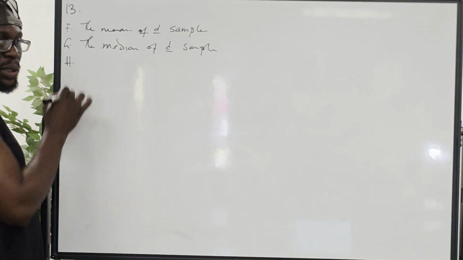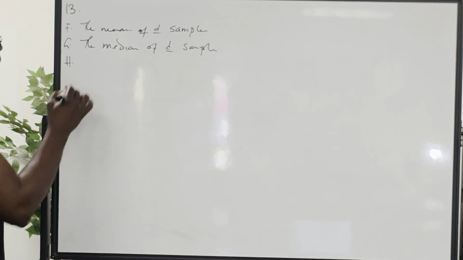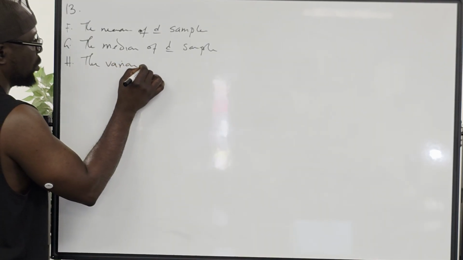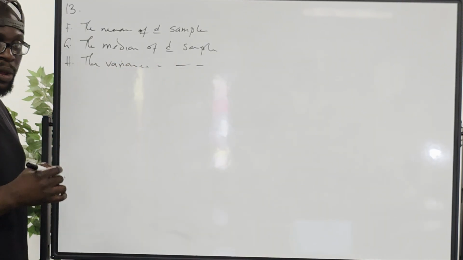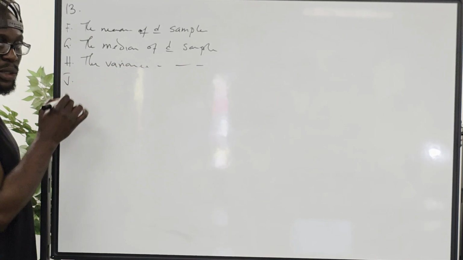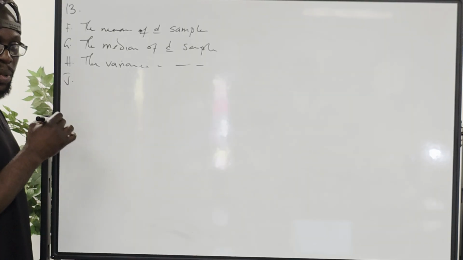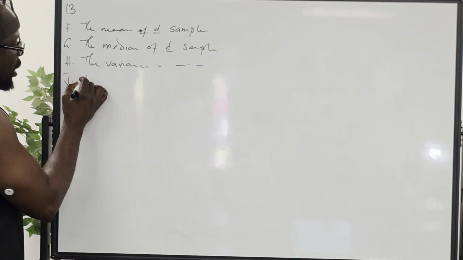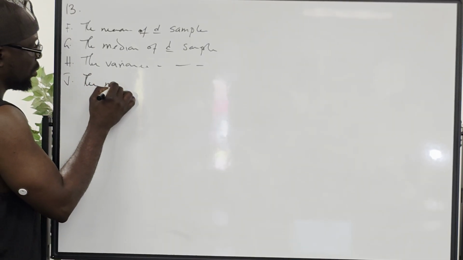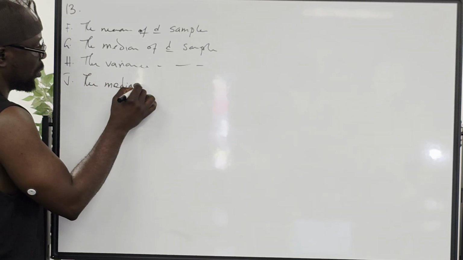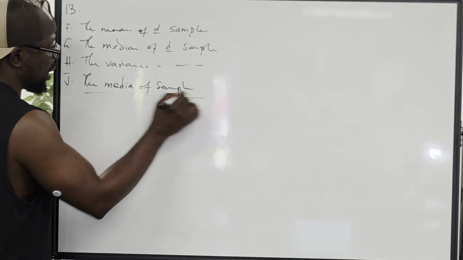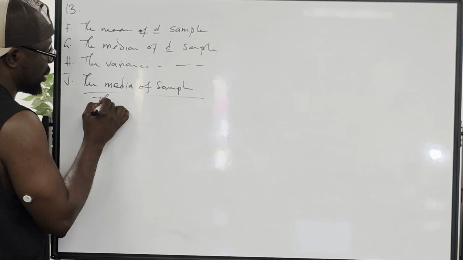Option H says the variance of the sample, and option J says the median of the sample divided by the sample size.